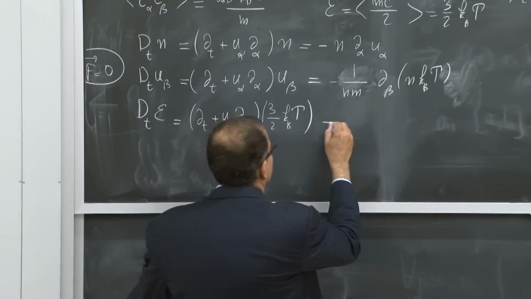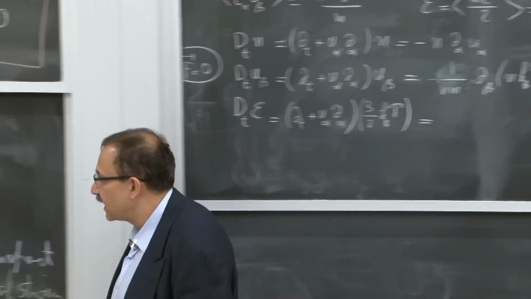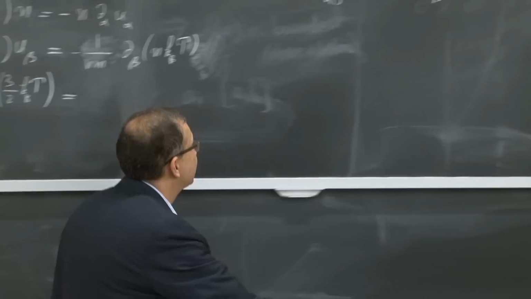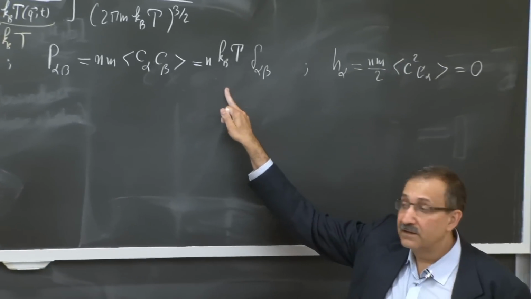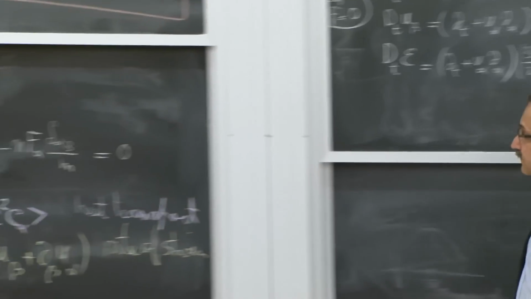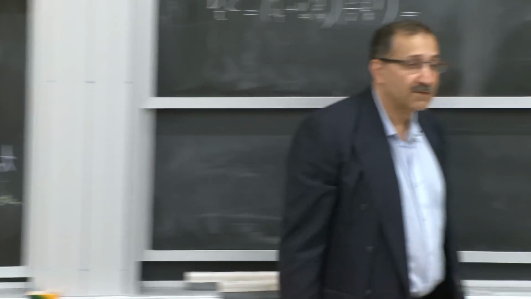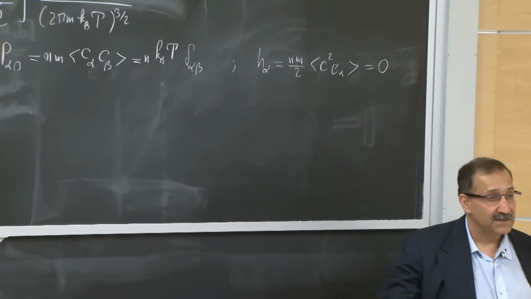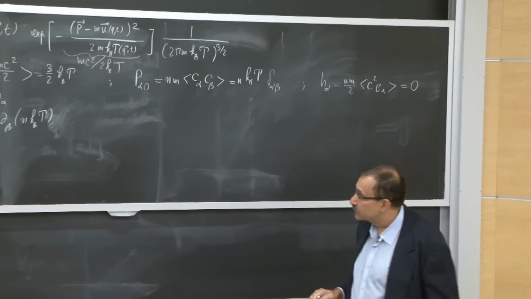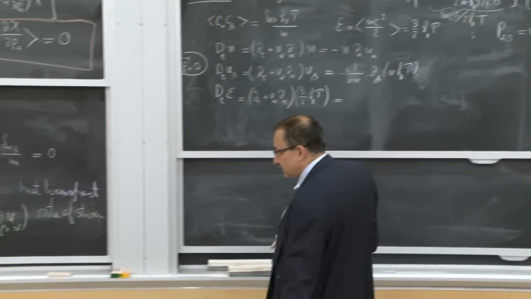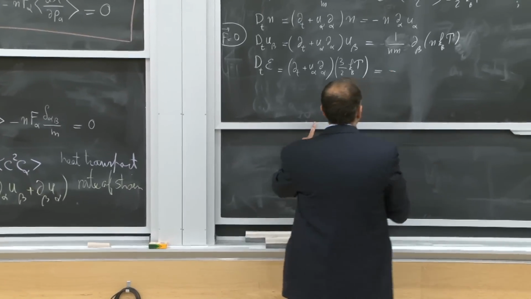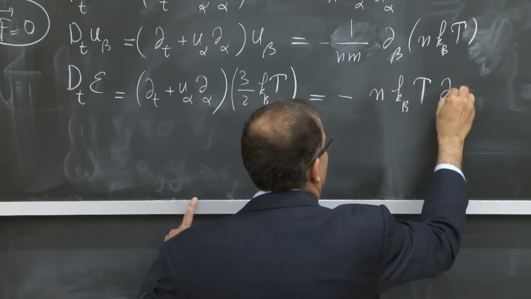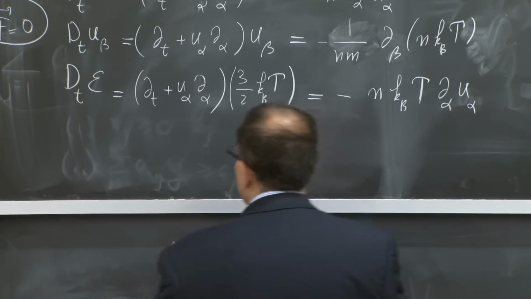And what do I have on the right-hand side? I certainly don't have the heat transport vector, so all I have to do is take this diagonal P alpha beta and contract it with this strain tensor U alpha beta. So the only term that I'm going to get after contracting delta alpha beta is going to be d alpha U alpha. So let's make sure that we get the factors right. So I have minus P alpha beta, which is nkT, d alpha U alpha. Okay?